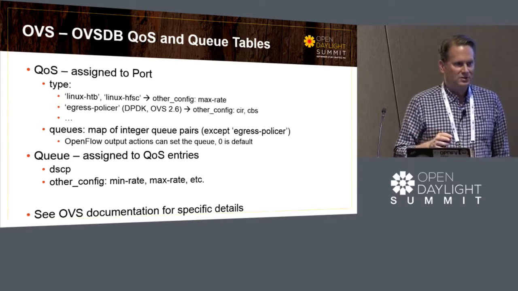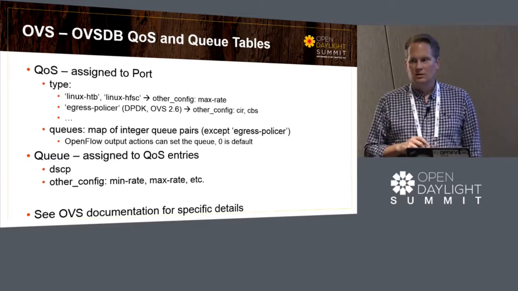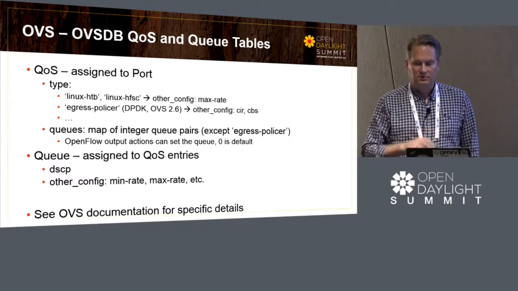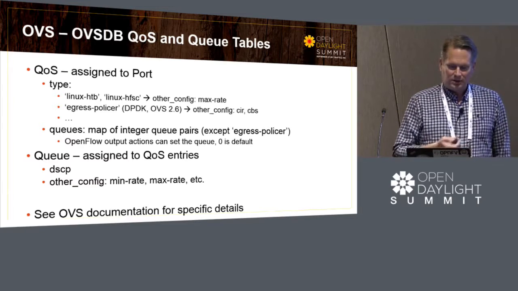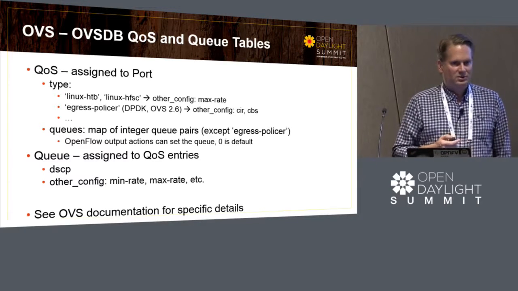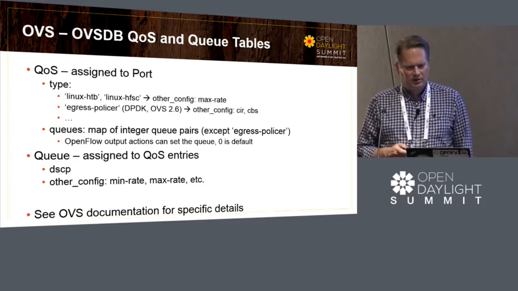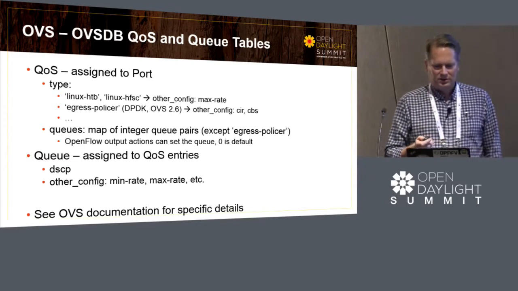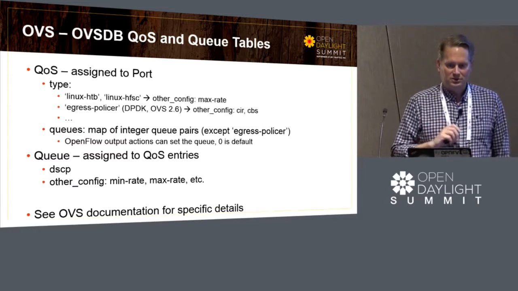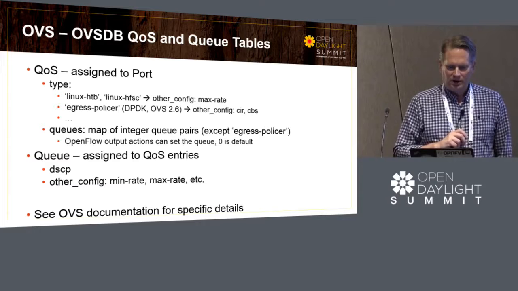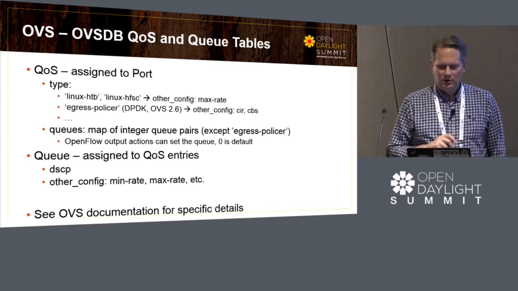Some of these queue types will support additional parameters that are also configured via the other config column. So take a look at the OVS documentation for specific details on how you configure these things. And the other thing, if I didn't mention it, is the egress policer QoS type, which is the DPDK QoS policy, doesn't take any queues. It just applies to the port itself.